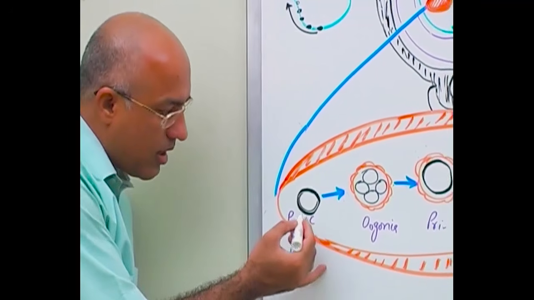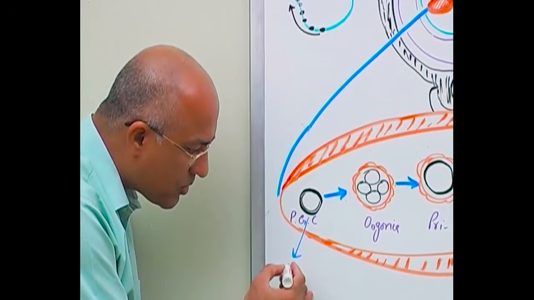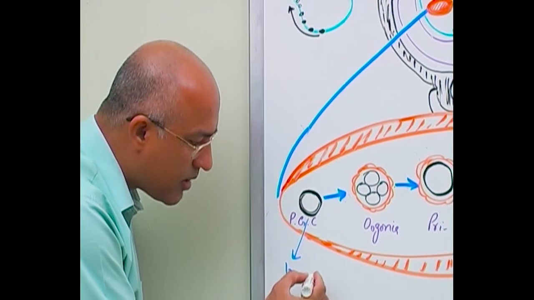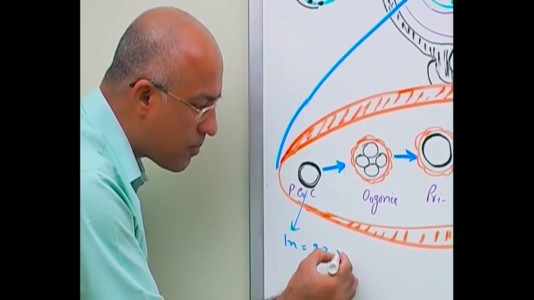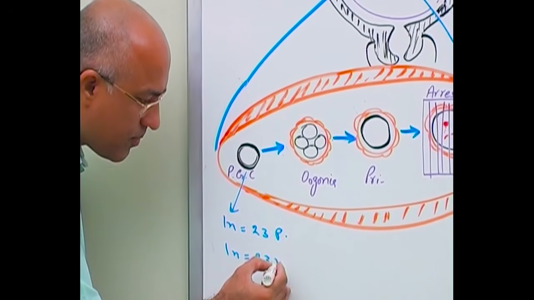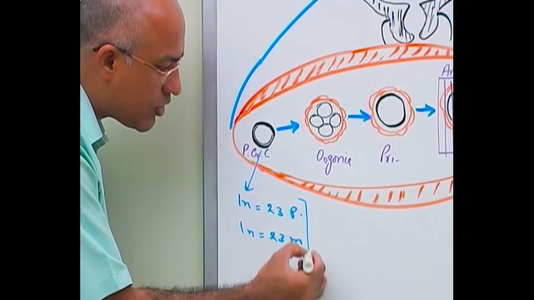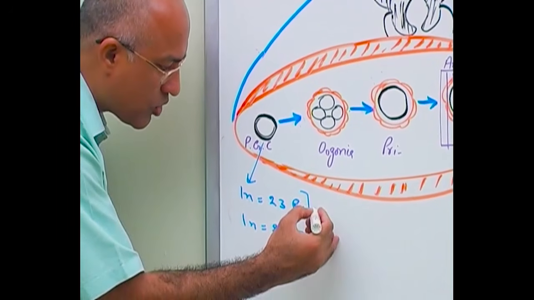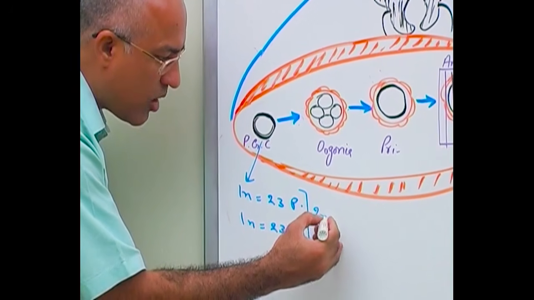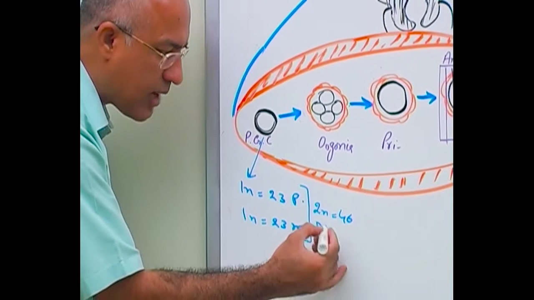In the primordial germ cell there is 1n set of chromosomes, that is 23 paternal, and 1n set, 23 maternal. So this cell has a total of 2n, which is equal to 46 chromosomes, the diploid number.